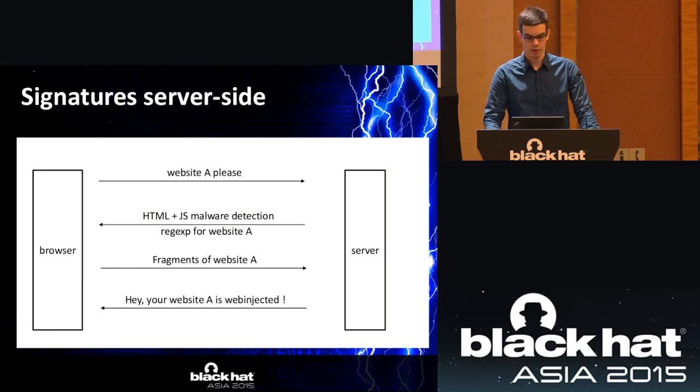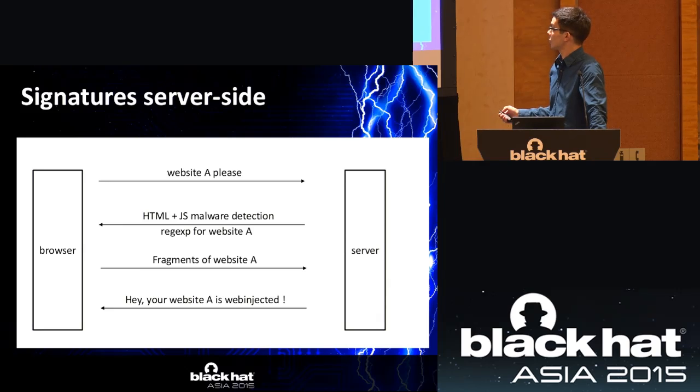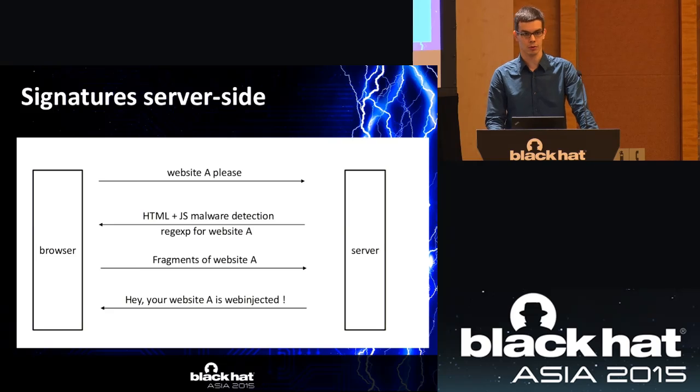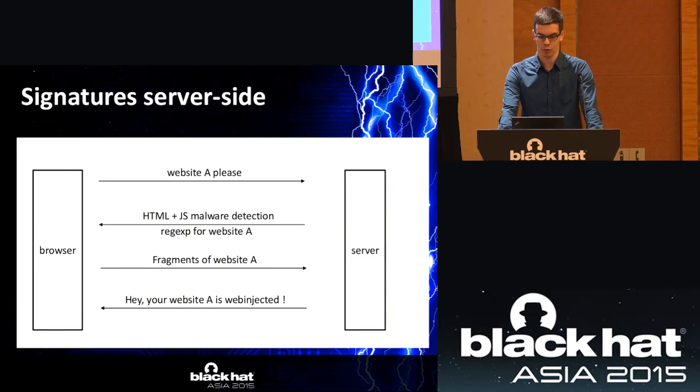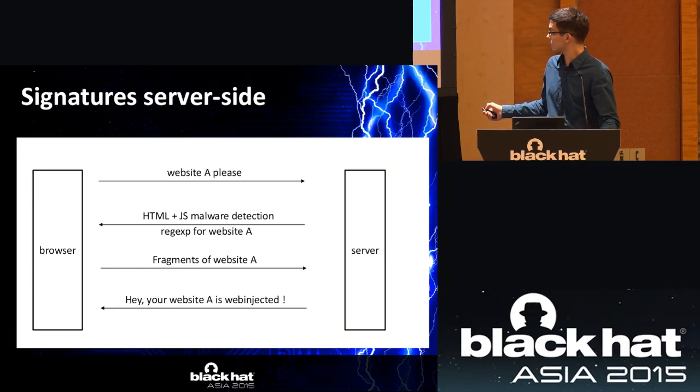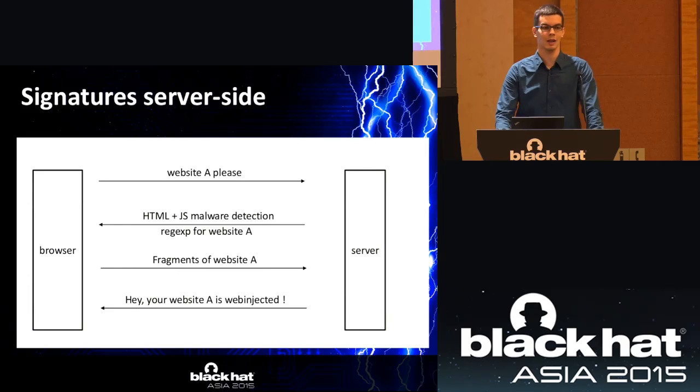Okay, so let's talk about signatures. There we spotted two ways of doing signature checks. First scheme is like this. A user navigates to some site. He gets all the HTML, CSS, and JavaScript related to that site, and in there is the logic of the anti-malware solution. It runs some regular expressions, extracts some values from the site, for example, some web forms, some fields, and so on, and in the next step sends those fragments to be analyzed on the server.